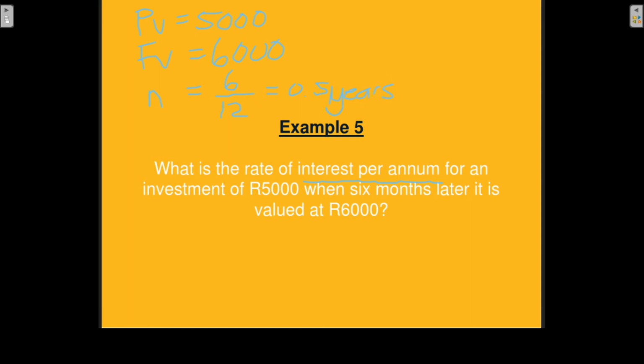Okay, and we would like to get the interest rate. So here we have the 4 quantities: present value, future value, n and I. We have 3 of the 4, and we want to calculate the 4th one. Future value is present value times 1 plus I times n.